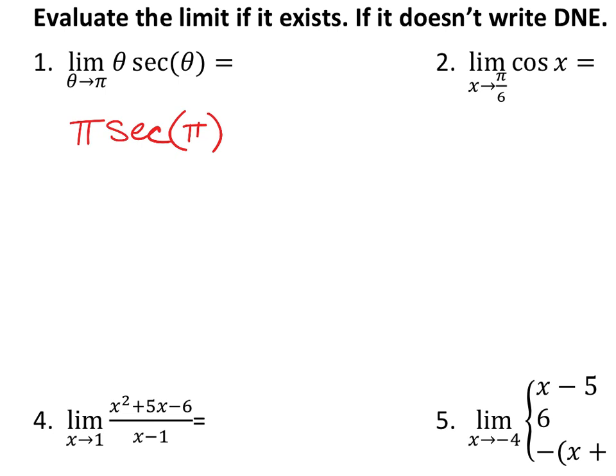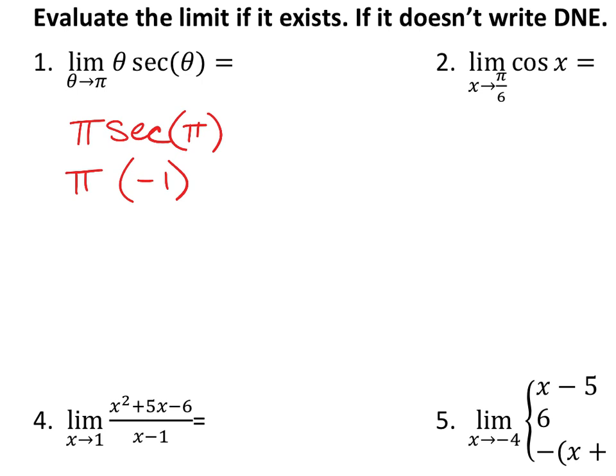There's no secant in your table, but what is secant the reciprocal of? Cosine. So you can look at cosine of pi and flip the number over. Should be -1. So really, secant of pi is still -1 because the reciprocal of -1 is -1.